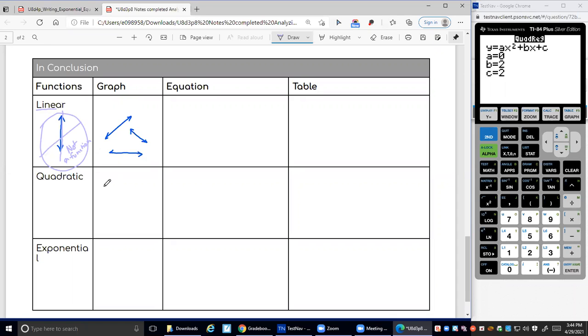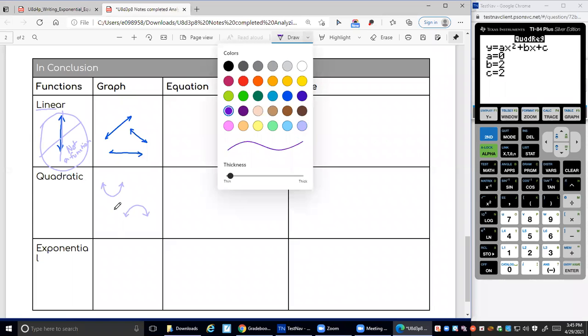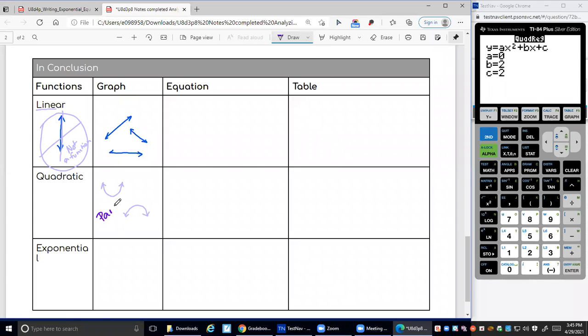Okay, so it's a U shape for that quadratic. There's a fancy name for that U shape because it could be a U shape, it could be an N shape. It is a parabola, good. And I know it's spelled like parabola, but it's actually pronounced differently. Okay, good. Exponential. So if I do this one right here and I'm just going along and then whoop, right?